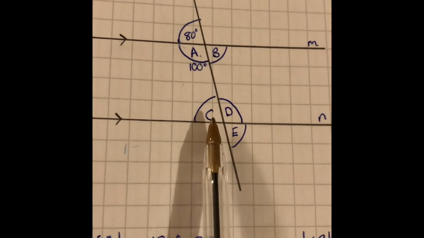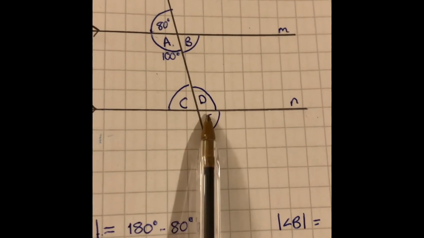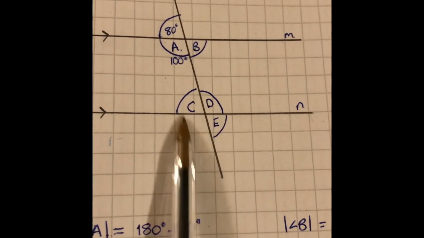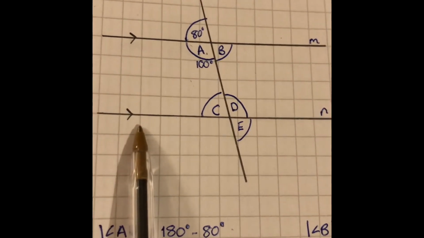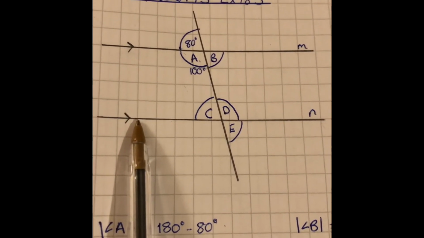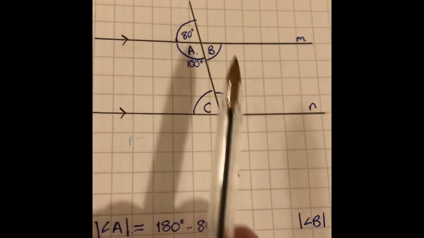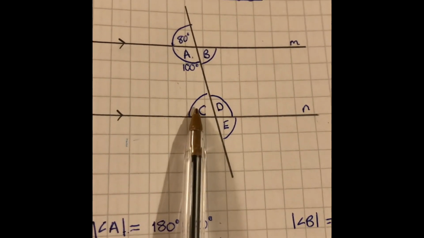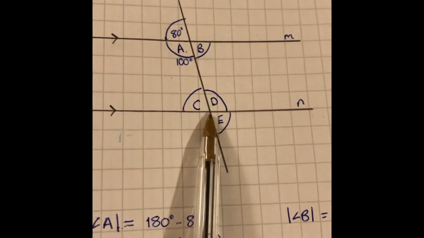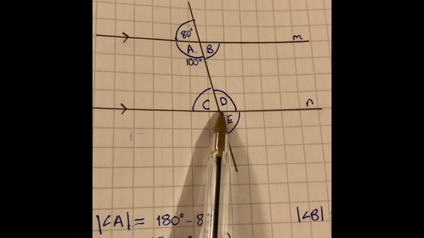And then on to C. If we look at C down here, now this is where some people get a bit stuck and they think, well, we've got no measurements here. But don't forget that these will correspond to the measurements up here. And because these two lines are parallel, we can use Theorem 3 and 5, that they will be equal in measurement, the corresponding pairs. But you can also use your knowledge of interior angles within these parallel lines.